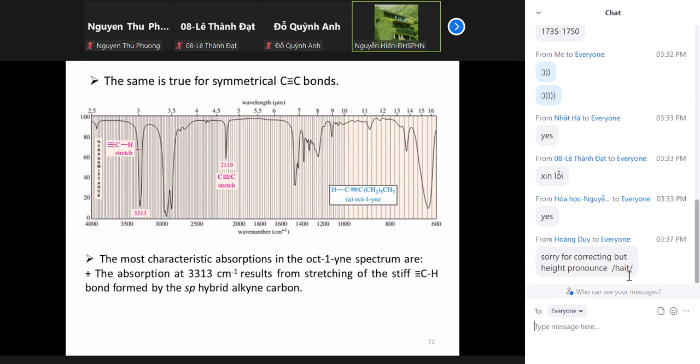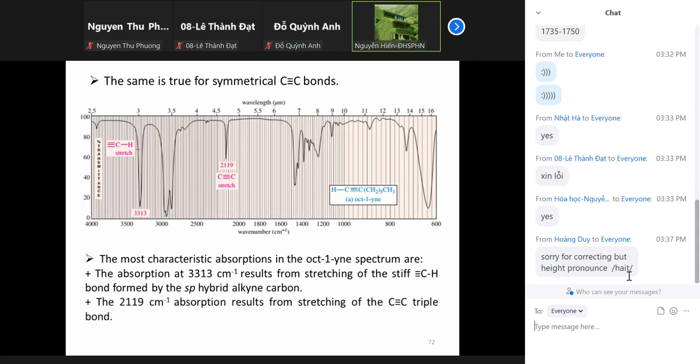You see a signal at 3,313 centimeters to the -1, far away from 3,000. So it corresponds to the absorption wave number of the C-sp-H at the terminal of the alkyne.